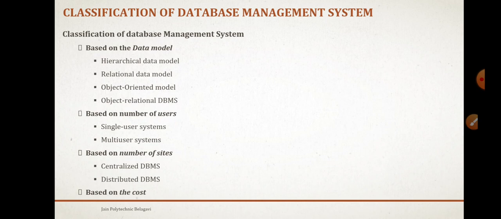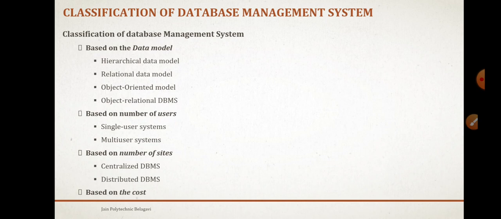The second is based on the number of users: single user systems and multi user systems. The third is based on the number of sites: centralized DBMS and distributed DBMS. The fourth is based on the cost. We will see them one by one.